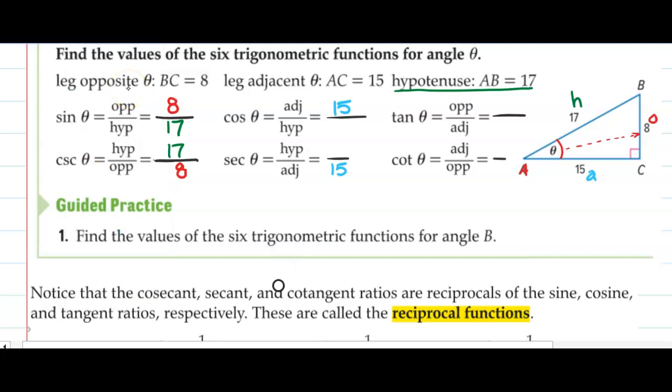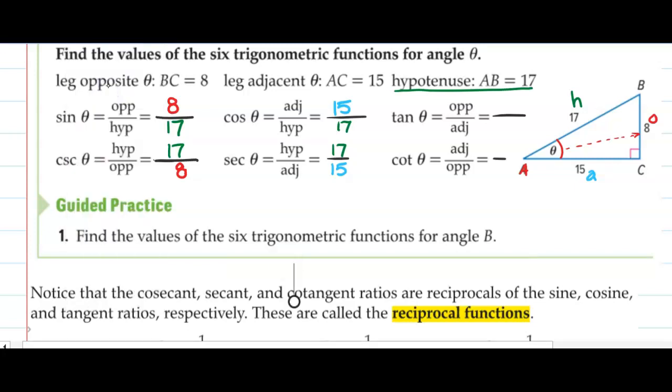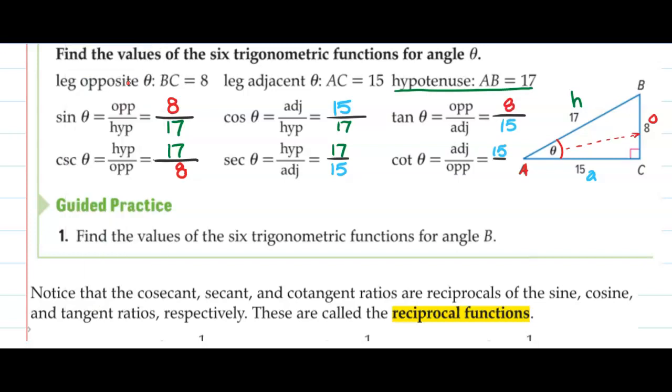And again, the hypotenuse is always 17. For the tangent, I want TOA, T-O-A. I need the ratio of the opposite to the adjacent. Nope, I wrote that wrong. The opposite is 8. The adjacent is 15. And then taking the reciprocal of 8/15, we'd have 15 over 8.